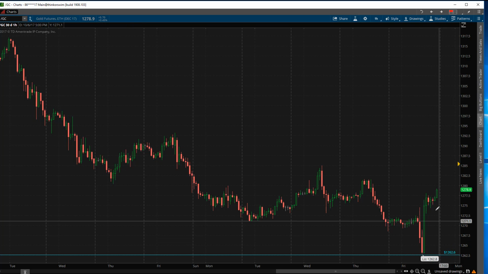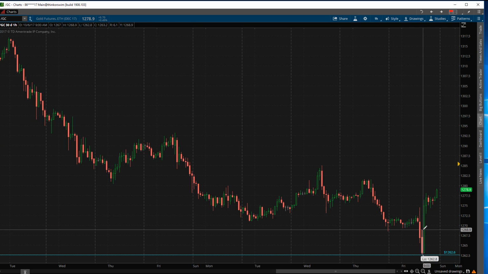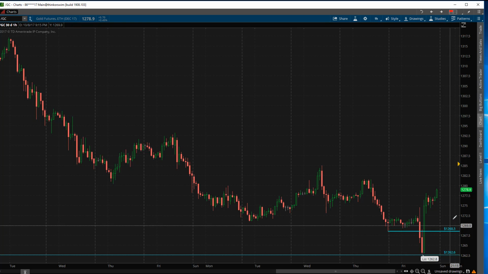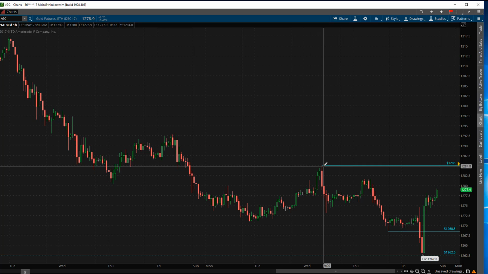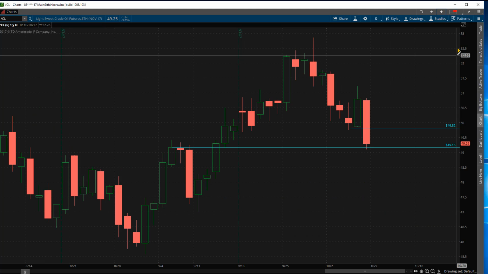We should really not take them out on a daily time frame. And if we can actually come back and hold above this 1268 and continue to see buying pressure above last week's swing high from Wednesday, which is up at 1285, I'm going to be looking for potential long setups in the gold market.